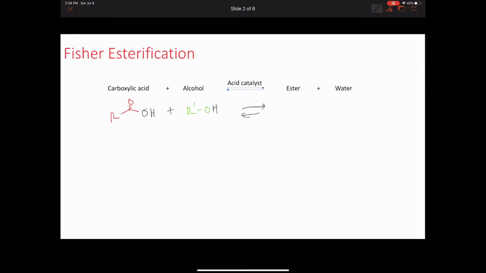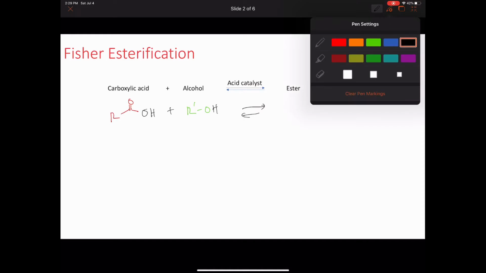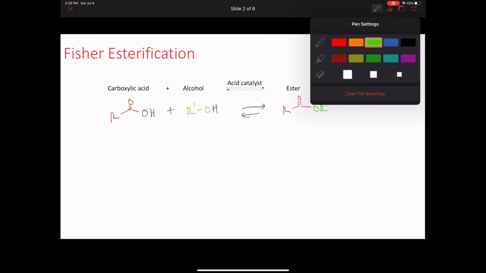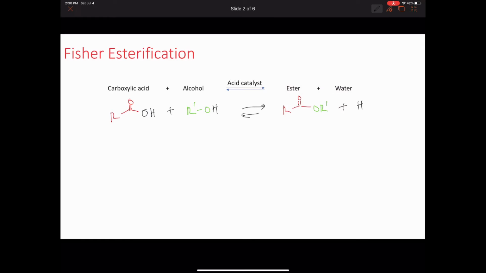We form an ester as a main product and water as a byproduct. Typically, we use acid to catalyze the reaction, and in the reaction today, we use sulfuric acid.